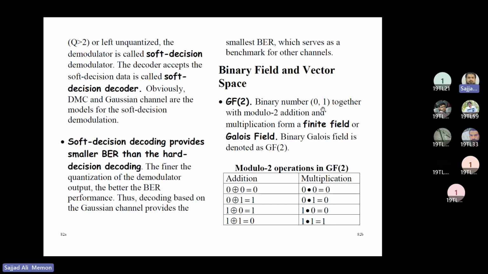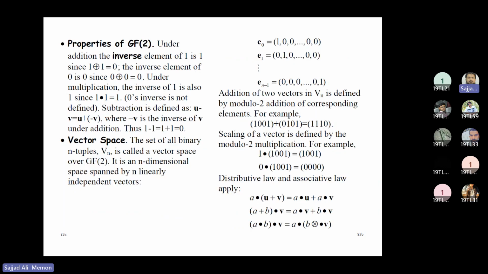So 0 and 1 together with modulo 2 addition and modulo 2 multiplication form a finite field or Galois field. This 2 here represents the modulo 2 operations, multiplication as well as addition, and this forms the Galois field 2. That will be used when we multiply or add the binary numbers 0 and 1.